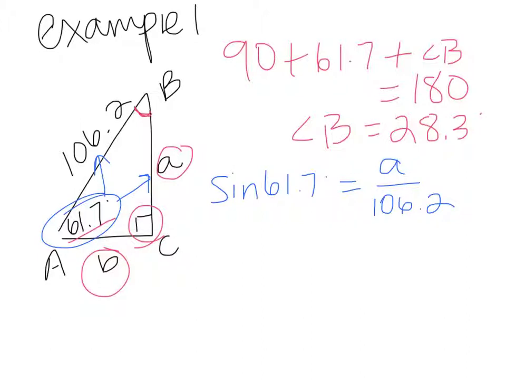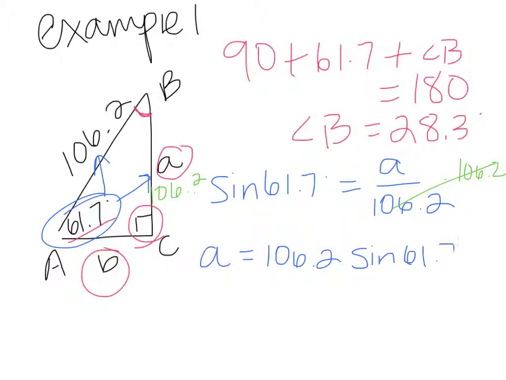Now, if I solve for A, I'm just going to multiply both sides by that 106.2. Times 106.2 on the left, those are going to cancel, times 106.2 on the right. So then I get A by itself. A is equal to 106.2 times the sine of 61.7 degrees.